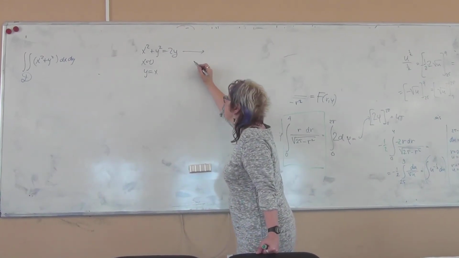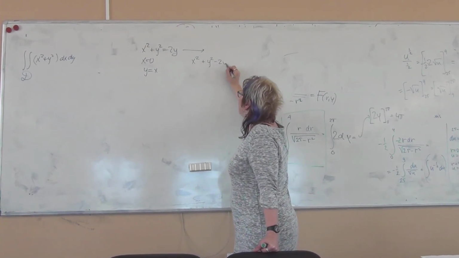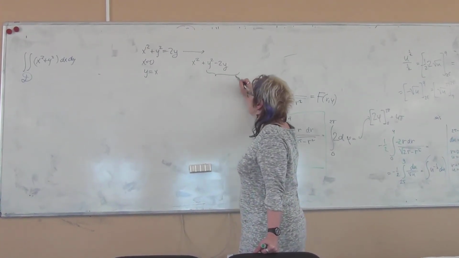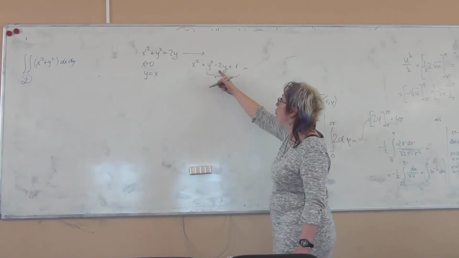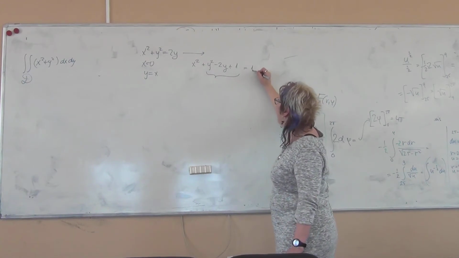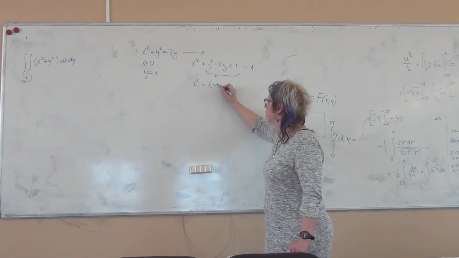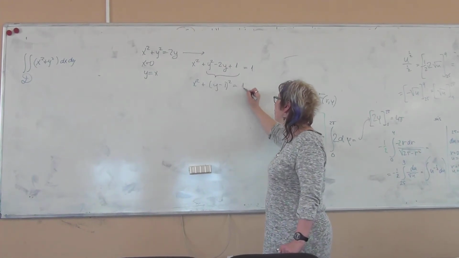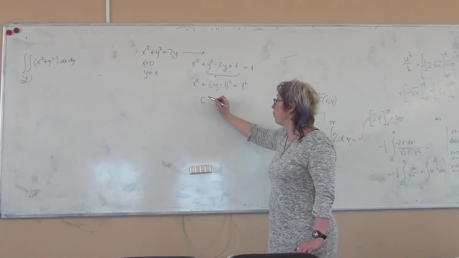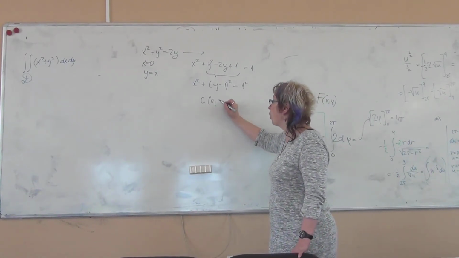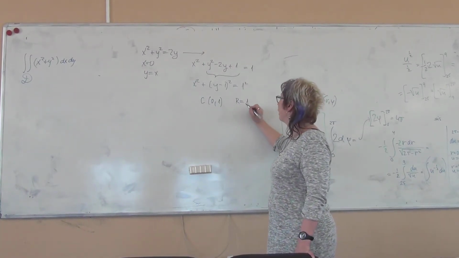x squared plus y squared minus 2y, and to get a perfect square I have to add 1 to the other side as well. And now I have x squared plus (y minus 1) squared equals 1 squared. Now I have a circle with the center at (0, 1) and the radius is 1.